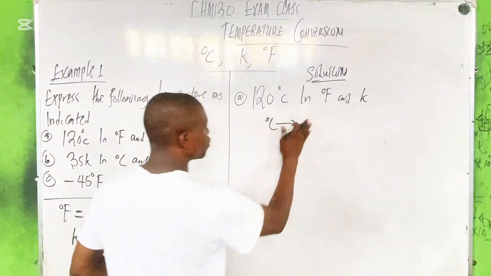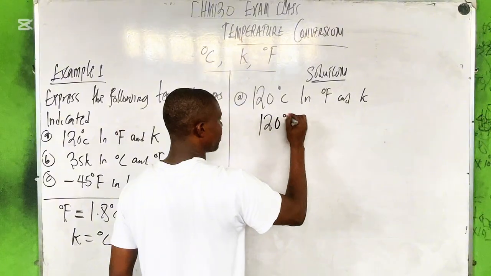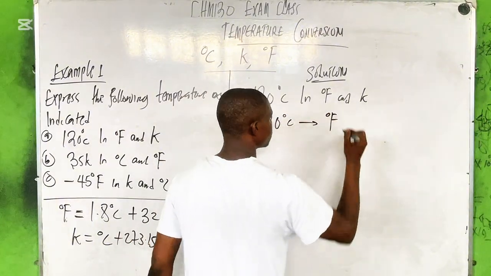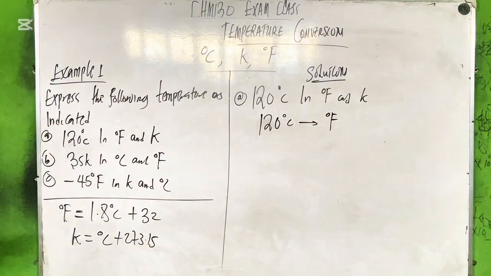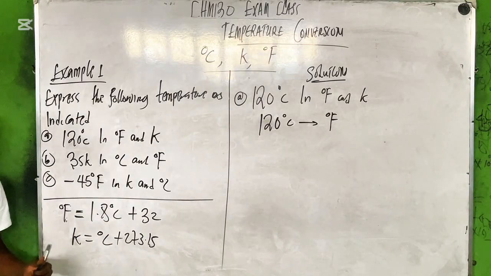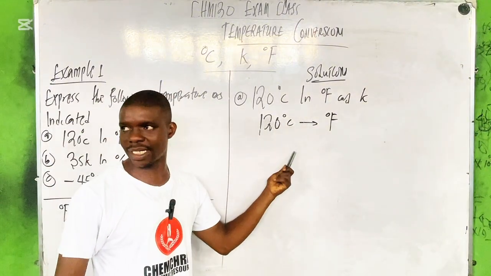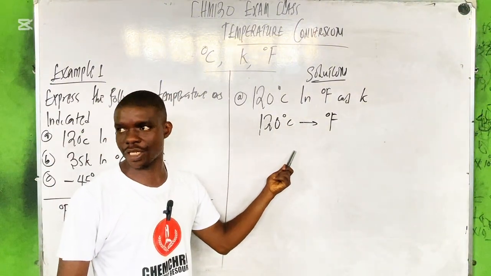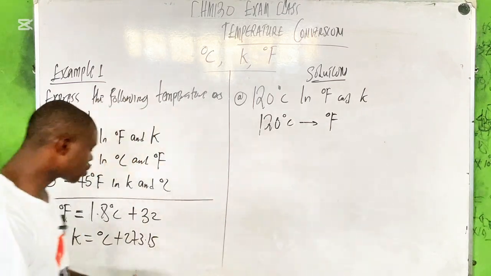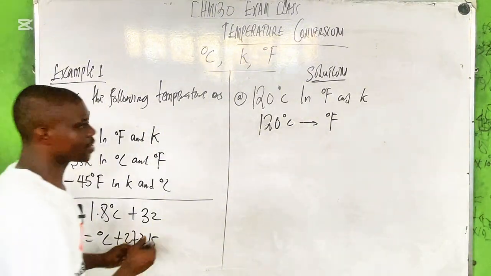So first, we want to find the Fahrenheit scale when the temperature is in degrees centigrade, or the Celsius scale. We can use this formula here.